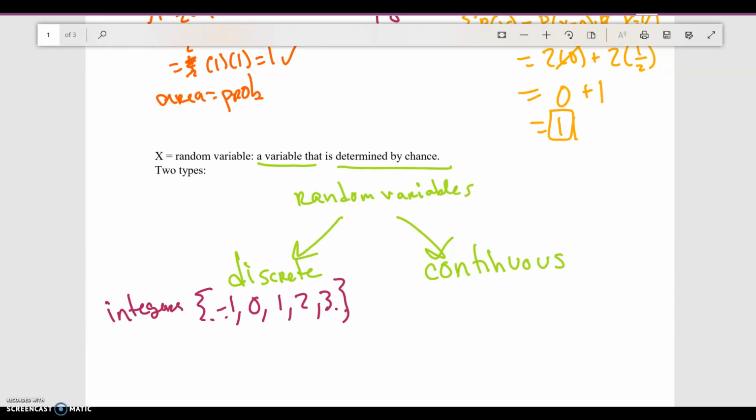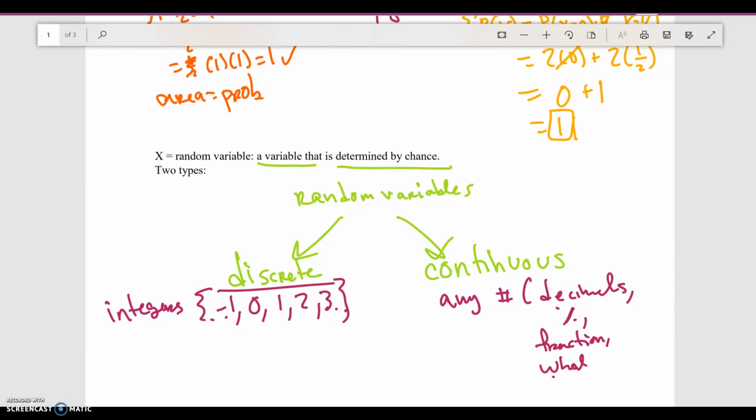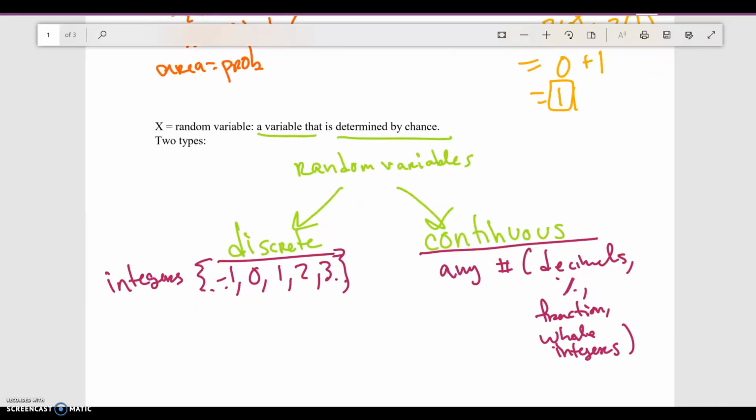Now, continuous random variables can be any number that you can think of that has decimals, percents, or fractions. It can even be whole numbers and integers. So notice that the difference here is that the continuous random variables contain decimals, while discrete contains only the whole numbers.